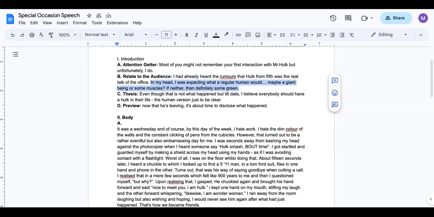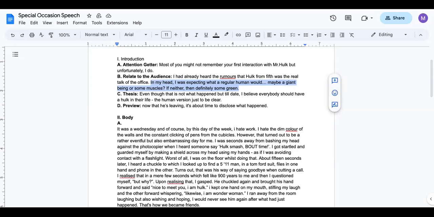I am saying that as someone who would be in your position as well, I imagine what you would have imagined. I would have imagined maybe a giant being or even some muscles, and if neither, then definitely some green. So do you see how this statement is relating to the audience?